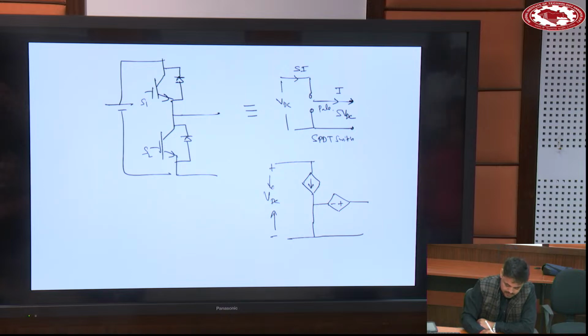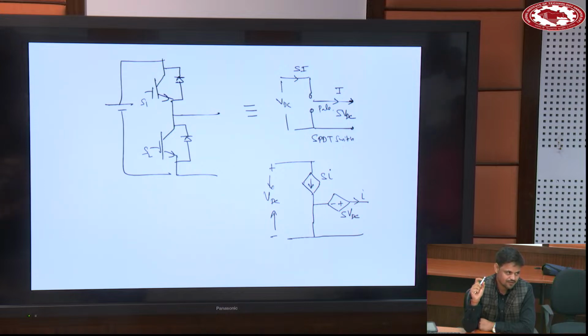Where this value is SVDC and this current is SI. So this is the actual model of this single phase half bridge cell, how it is modeled. So it's a controlled voltage and controlled current, a combination of both.